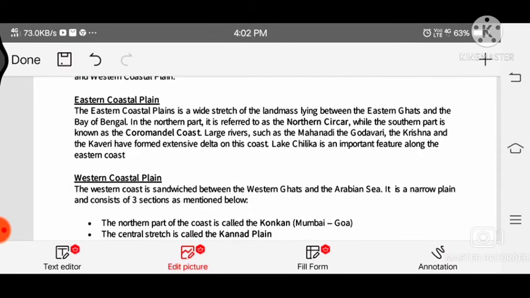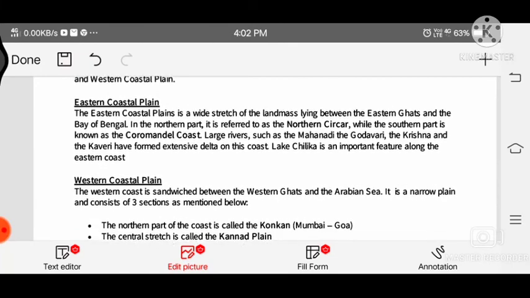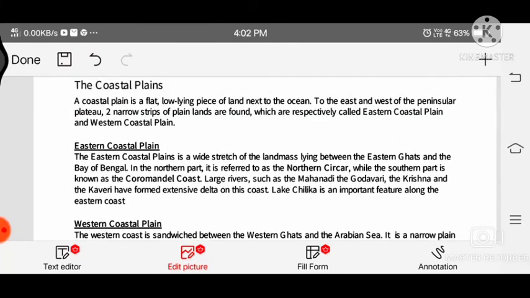So now we talk about the eastern coastal plains. The eastern coastal plain is a wide stretch of landmass lying between the Eastern Ghats and the Bay of Bengal.